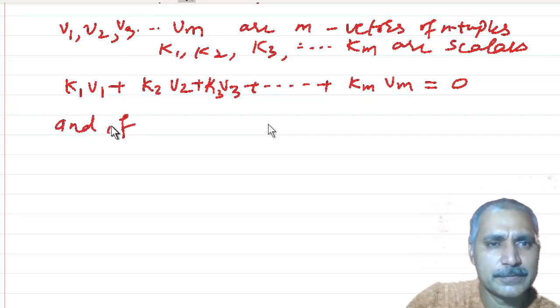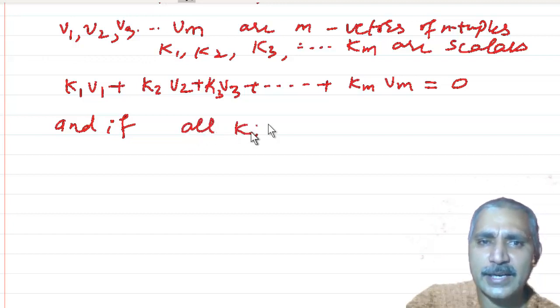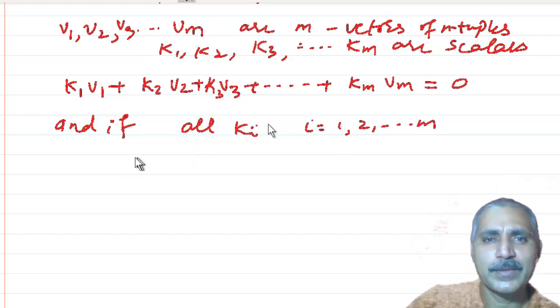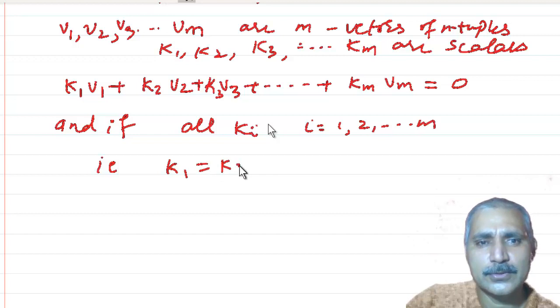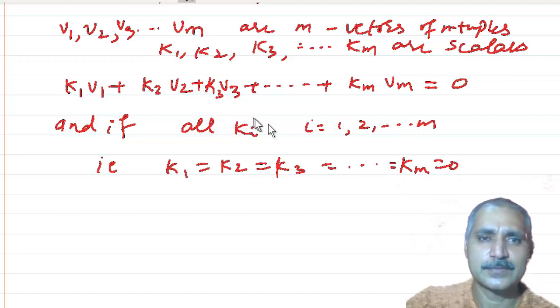and if after solving this one, all ki's from 1 to m, that is k1 is equal to k2 is equal to k3 is equal to and so on up to km, and that is equal to 0.